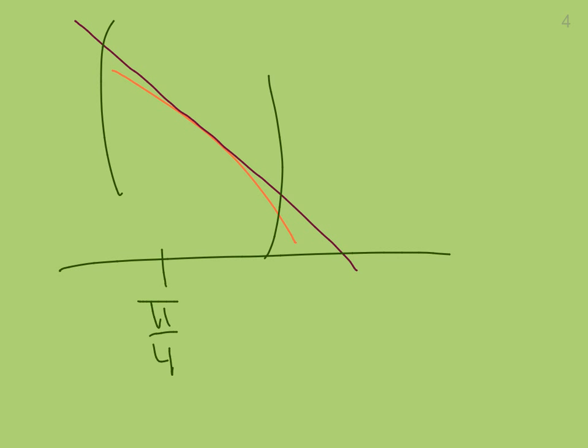Now you can see that for all those points around pi over 4, they're pretty much the exact same, especially if I zoom in more and more. The value is practically equivalent, so you can use far less computational power and use that linear approximation. So tangent lines make linear approximations. Approximations save computing power.